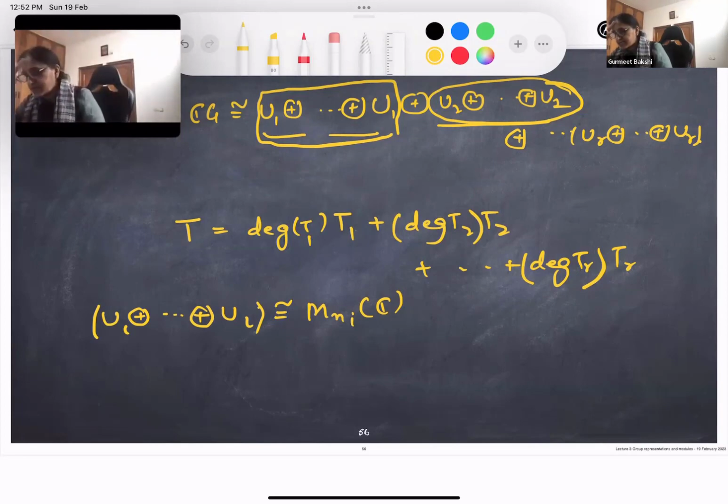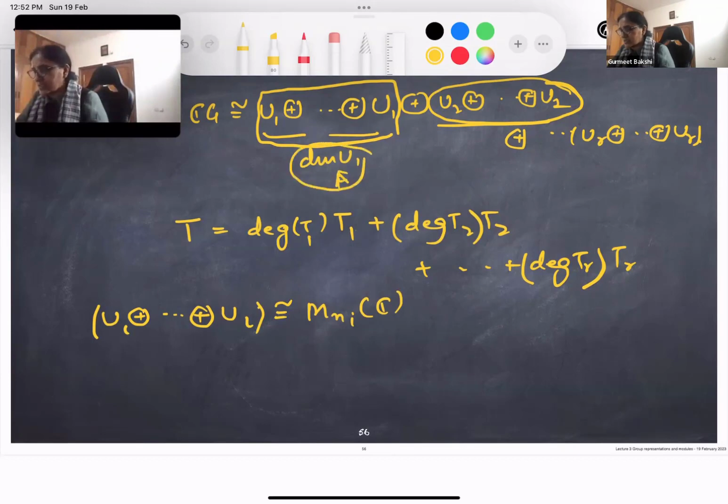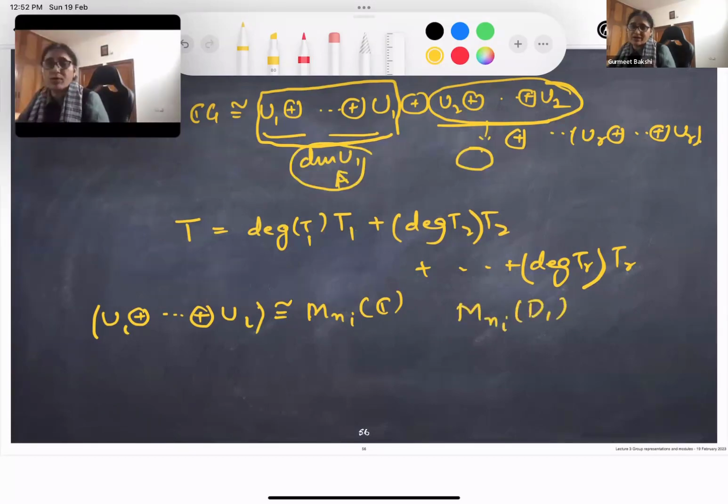If your field is not algebraically closed, the only difference is that this U1 will not repeat dimension of U1 over F times. This will change, and then M_ni(C) will get replaced with a matrix algebra over a division algebra. So the theory is slightly more involved, but here it is just M_ni(C).